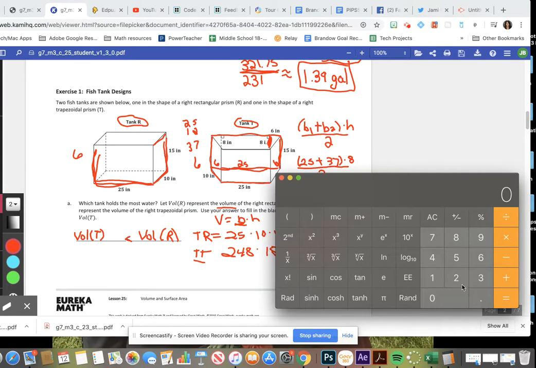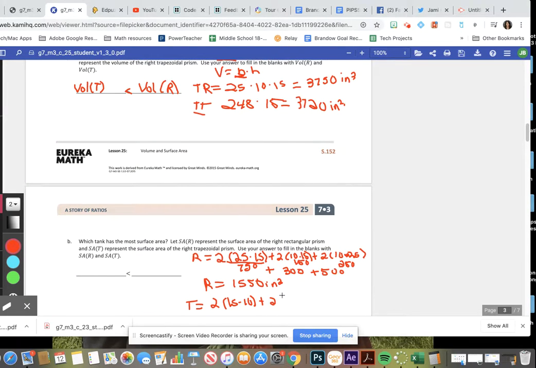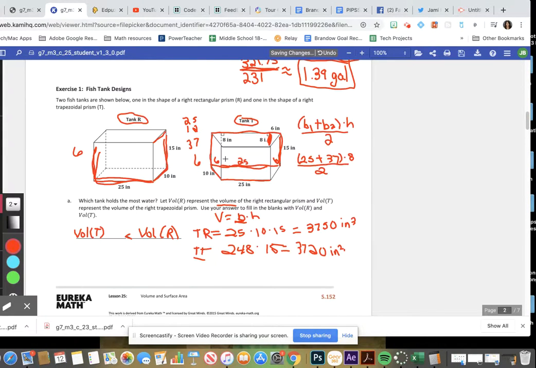25 plus 37 times 8 divided by 2 equals 248. And there's 2 of those. So I'm just going to write 248, and this is our trapezoid shape, top and bottom. This is left and right, plus, and then we have to do our front and our back.